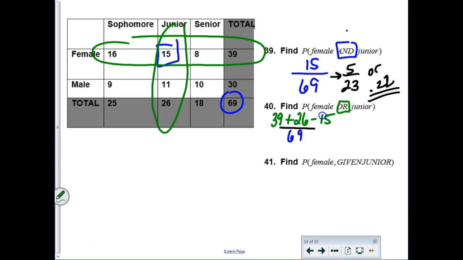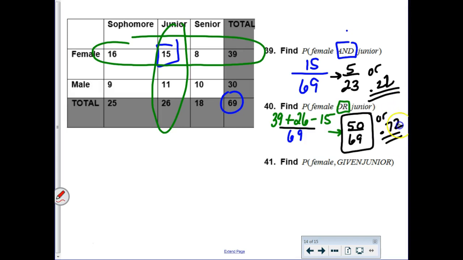Those 15 ladies that we counted twice, the female juniors got counted twice. So what does that come out to? Oh boy. 50 out of 69, which does not reduce. So I either left it like this or I gave you a decimal, which is 0.72. Okay.